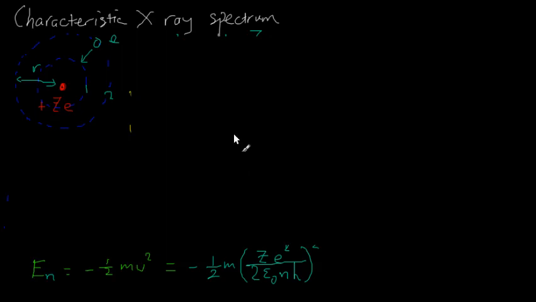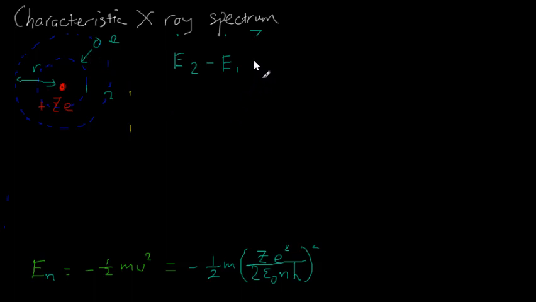Right. Okay. So what I want is to find E2 minus E1, because we think it is the energy given out when an electron goes from orbit 2 to the lower orbit 1, that produces the X-ray photon that shows up in the X-ray spectrum.